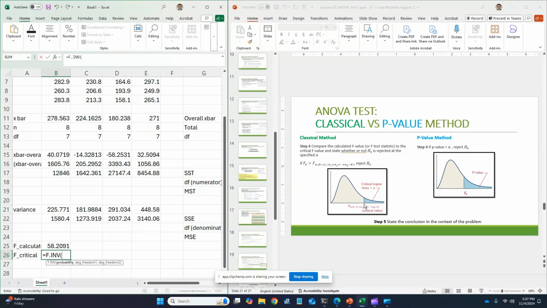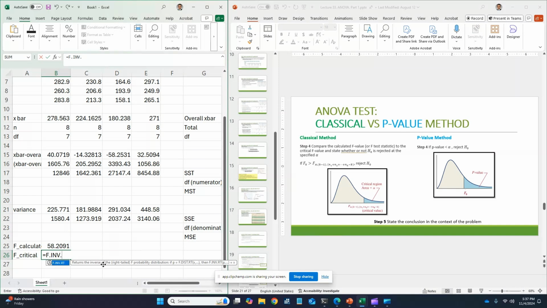If we have the score and want the probability, then we could have used F.DIST, distribution. So we know the probability is 0.05, and the degrees of freedom. Actually, since it's right-tailed, we probably have to specify that too.